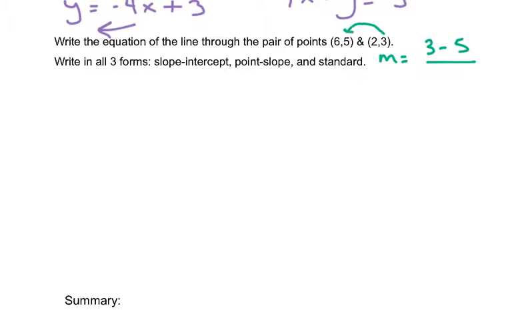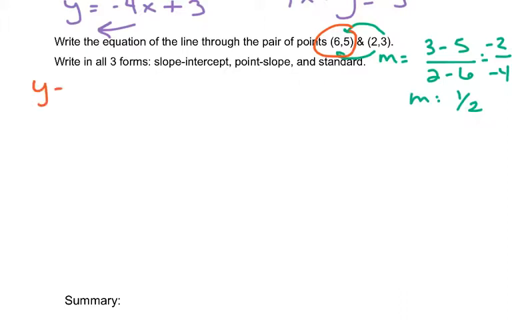If we did 3 minus 5, we have to do 2 minus 6. And simplifying that, we end up with -2 divided by -4, which is going to simplify even further to just 1/2. So we have our slope now, and we can use either of our points. I'm going to just go ahead and use the first point.